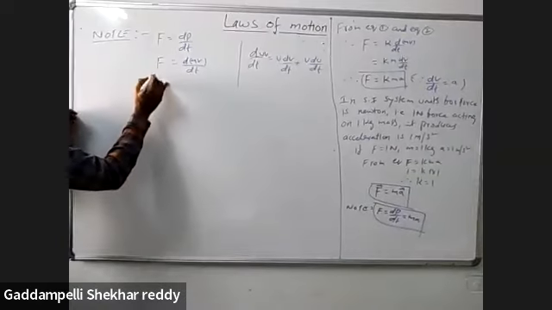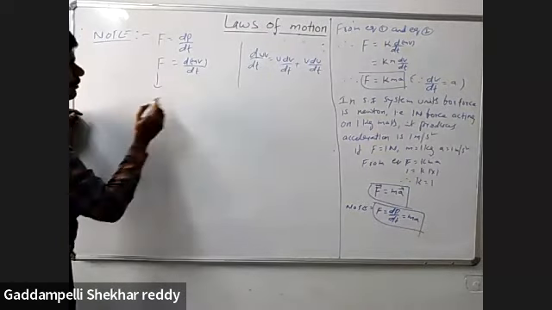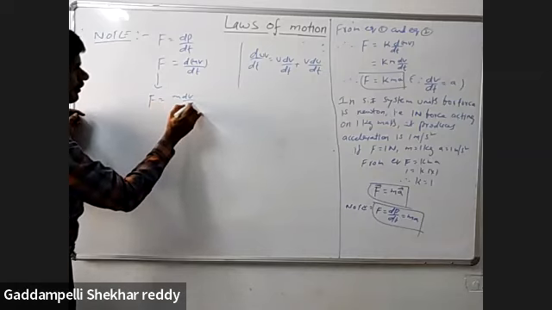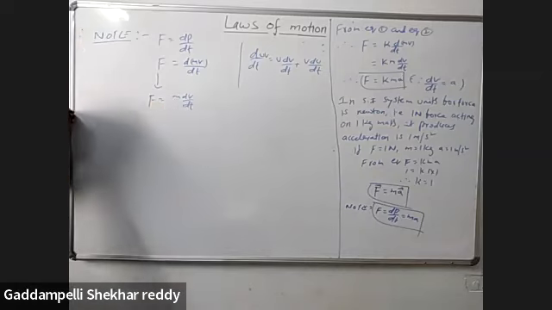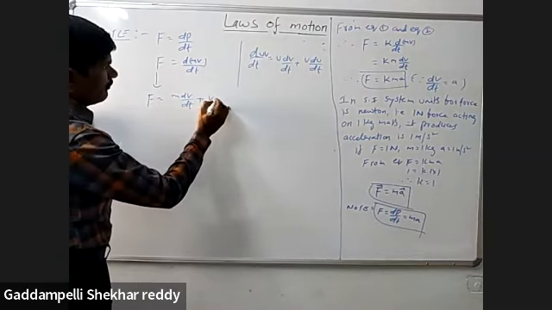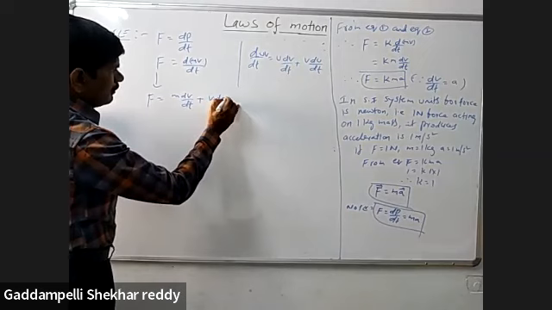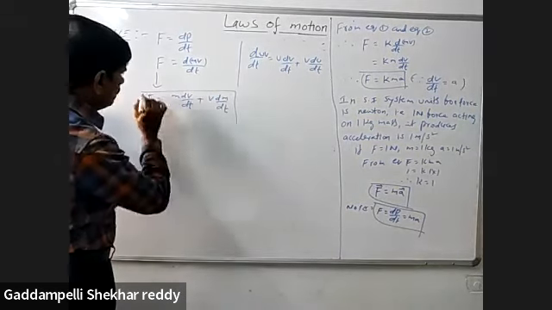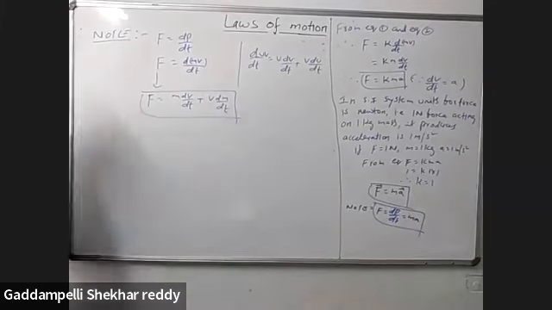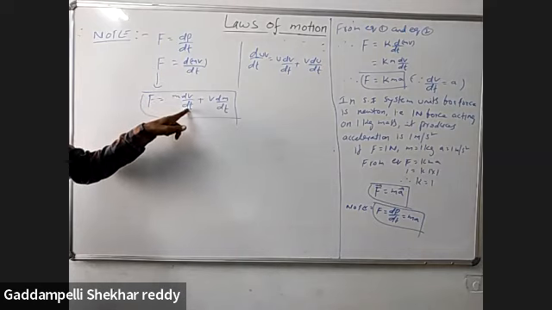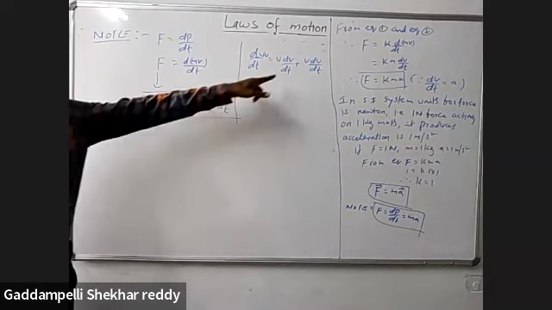According to this formula, F is equal to m dv by dt plus v dm by dt. So we have to write the force as F is equal to m dv by dt plus v dm by dt according to this principle.